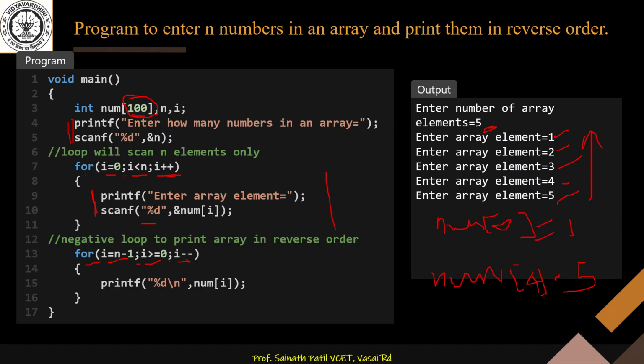Now here I am decrementing and keep on checking the condition whether the value of I is greater than or equal to 0 or not. Now here the value of I is changing every time. So this is a dynamically changing local variable. So within this for loop, printf %d slash n, that is the new line character, comma num of I.